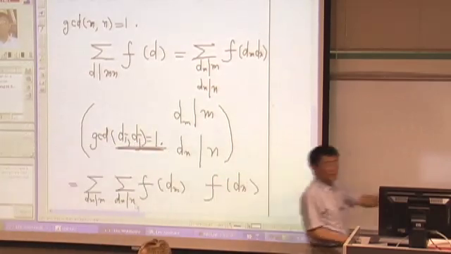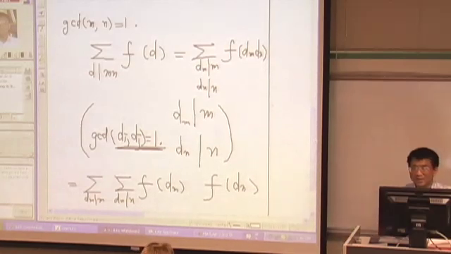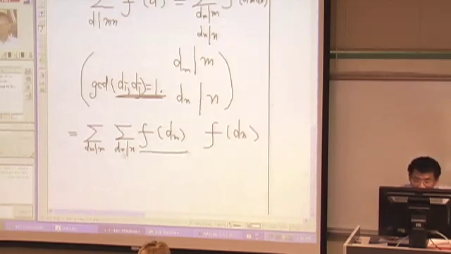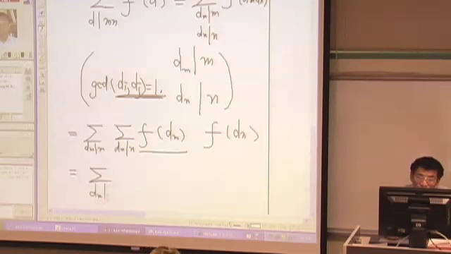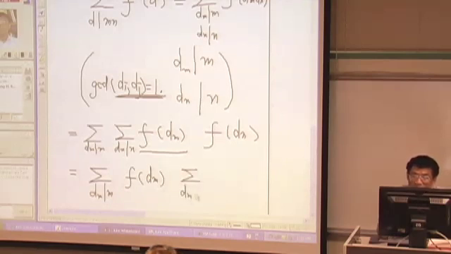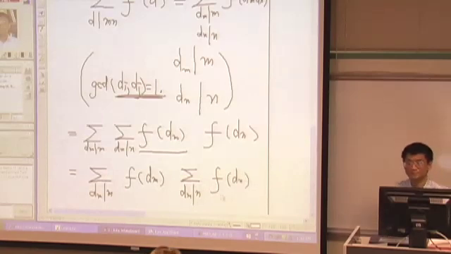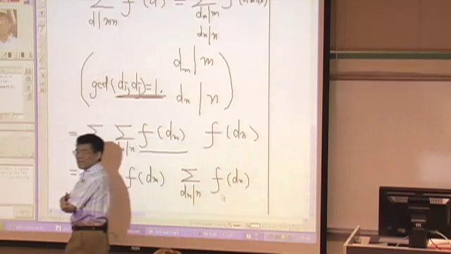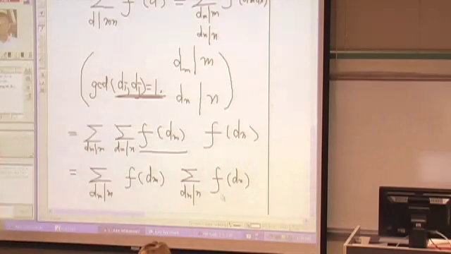Now we can split it into two parts, because this has f(d_m) and it doesn't have d_n. We can switch these two things and get this. So as you can see, the sum is also multiplicative.